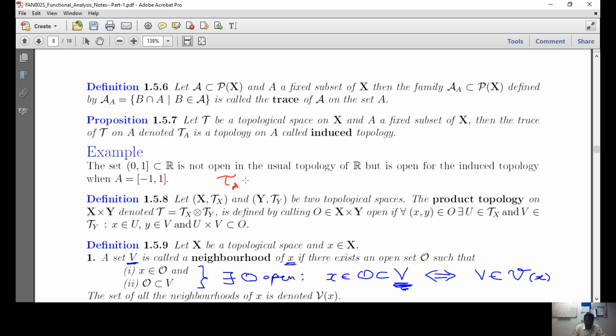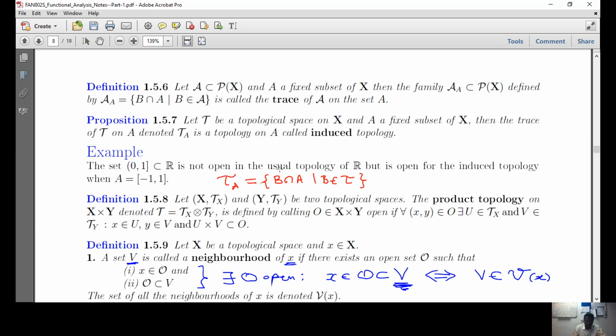By definition, we know that this will be the set of B intersection A, where B is an element of the topology T. So what is our topology here?